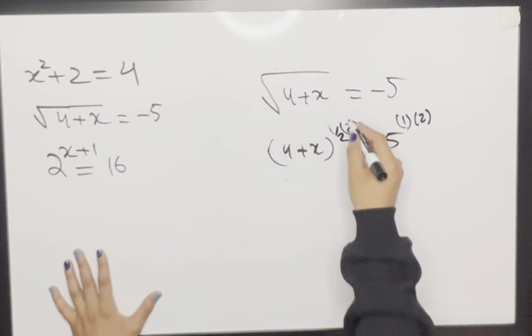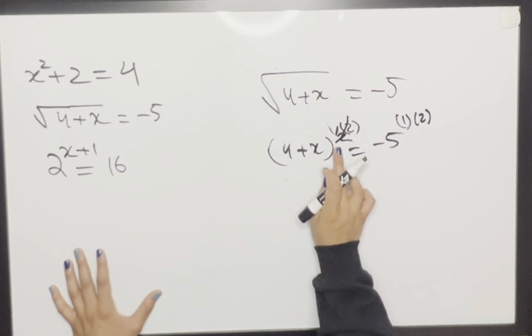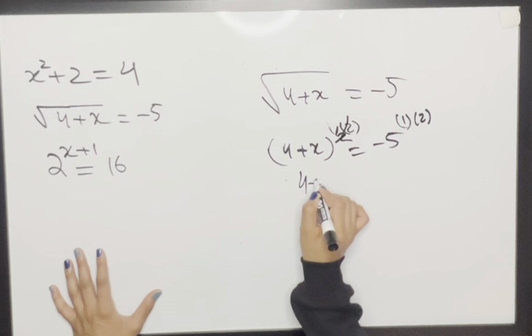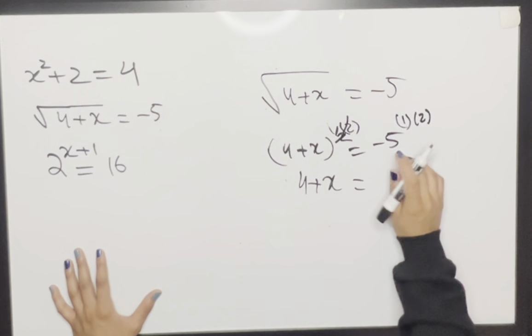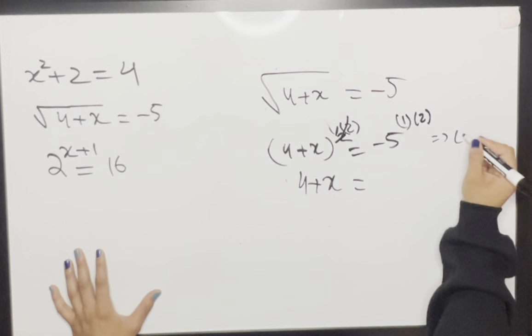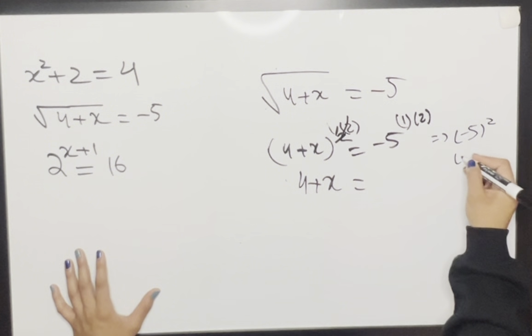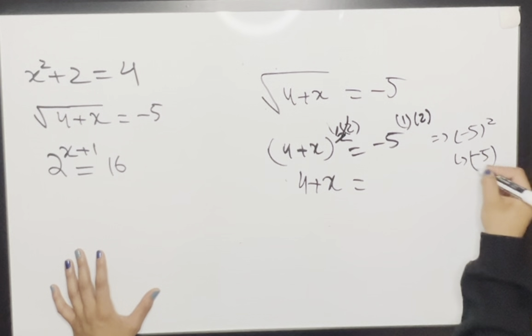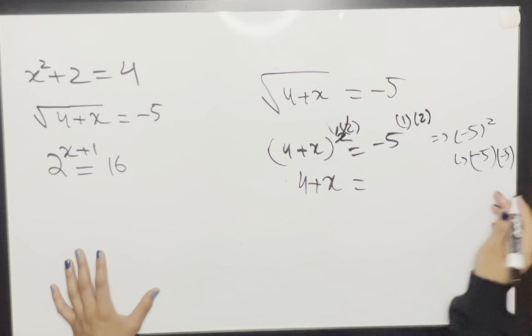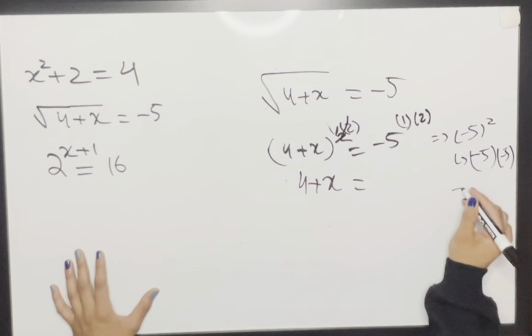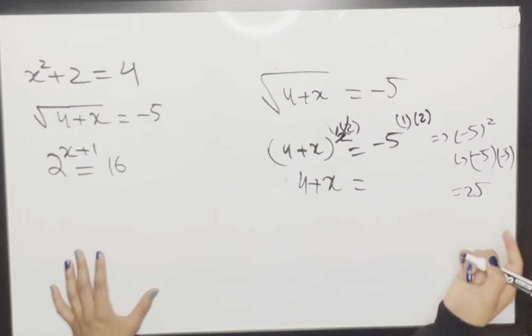If we multiply that and we multiply this, these two cancel out. 4 plus x is equal to -5 to the second power. And -5 to the second power means -5 times -5. And -5 times -5 is going to give us 25, positive 25.